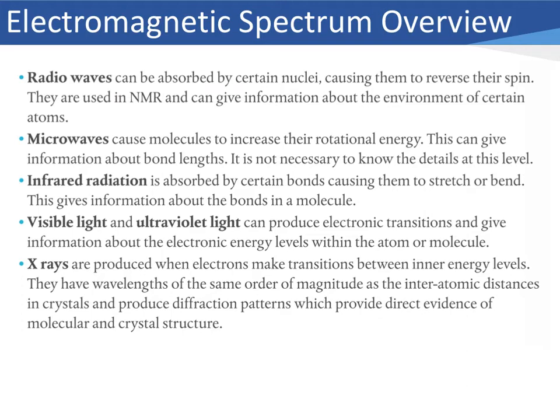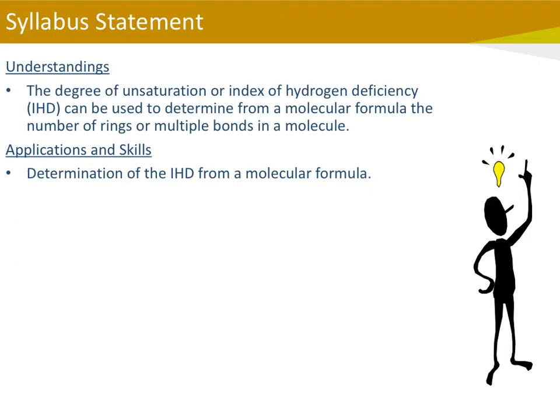And then X-rays can be used to produce diffraction patterns which provide direct evidence of the molecular and crystal structure. So we've talked about a few different forms of radiation and the relationship to the spectroscopy. Radio waves for NMR, infrared radiation for IR, and X-rays for X-ray diffraction.